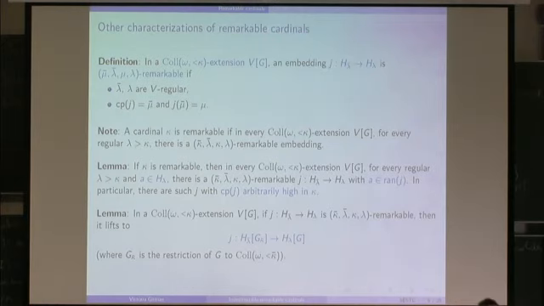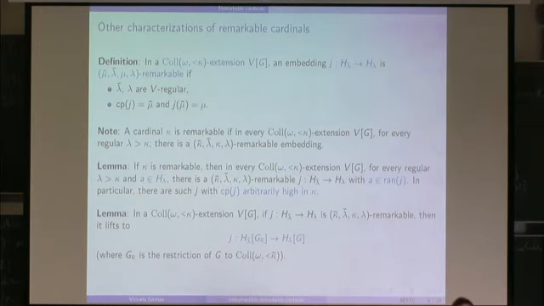Every A can be put into the image of such an embedding. An even stronger property is true, but I don't need the stronger property, so I don't state it. This is easier to state. One consequence of this in particular is you can have these j's with arbitrarily large critical points, because once you put an alpha less than kappa into the image, the critical point has to jump above it. So you can force arbitrarily large critical points. Okay, so this is one characterization to remember.